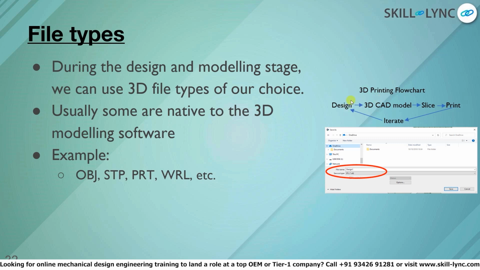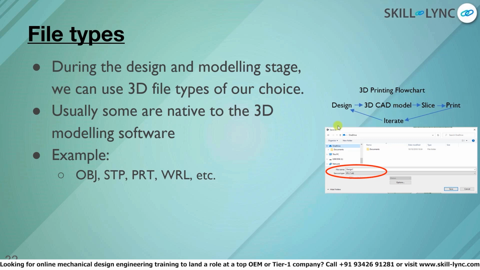Then going from the design to actually creating the 3D CAD model representation of your design. Once that's finished, you send that off to be sliced in the slicing software, and the slicing software actually outputs a code that your 3D printer can use and can read to actually physically print your model. After you finish printing, you can go back and iterate, going back to the design, making design changes, reflecting that in the 3D CAD model, and so on and so forth.